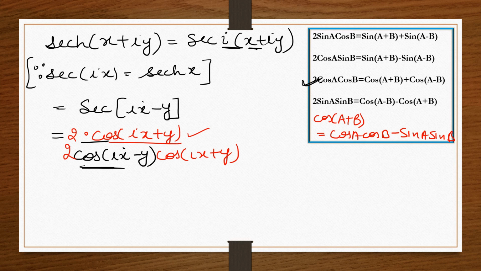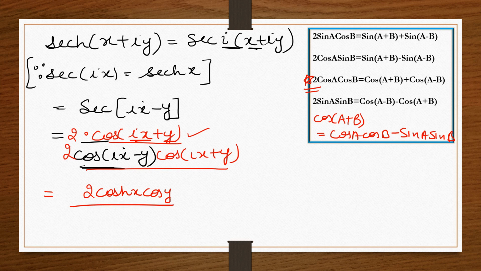Okay. Here A is iota x and B is y. And in denominator apply this third formula. Okay, and after applying the formula and after separating the things, what you will get, let me write it here. So your real part would be 2 cos hyperbolic x cos y over cos hyperbolic 2x plus cos 2y, right?